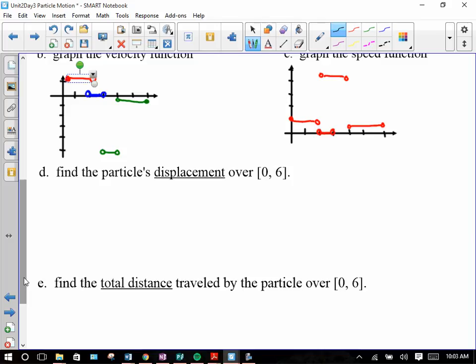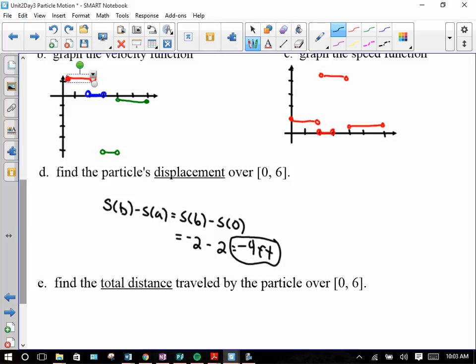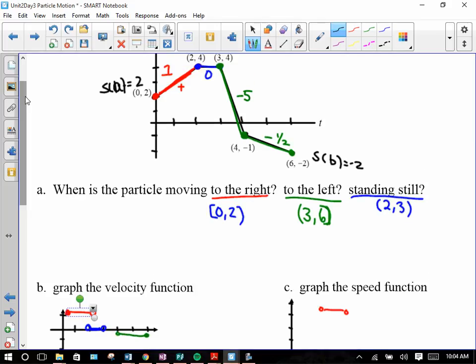Particle displacement is S of B minus S of A, which is S of 6 minus S of 0, which is negative 2 minus 2, which is negative 4. S of B was negative 2.